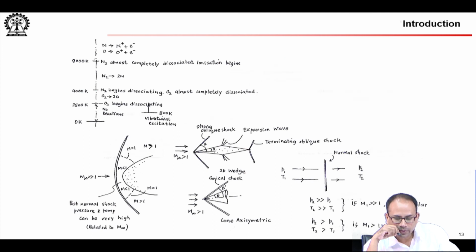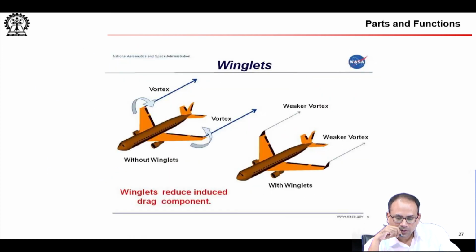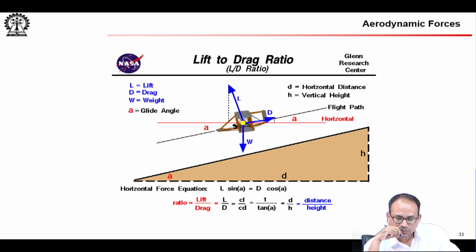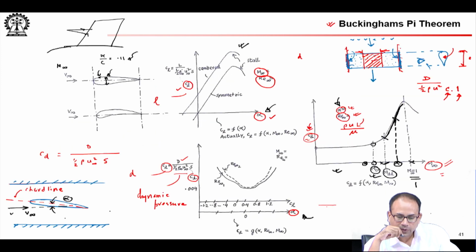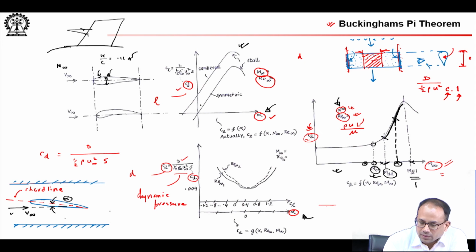If you go back to that plot, you see that, okay, here, suppose you have one as symmetric, but then some airfoil has this curve. So, see that CL becomes 0 at this alpha, or rather at this negative alpha.